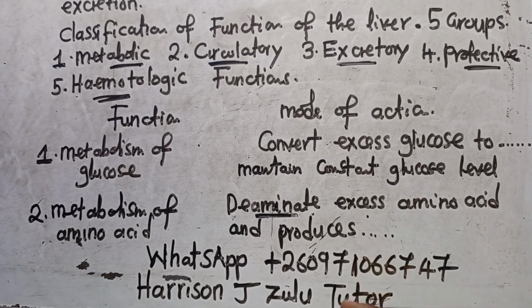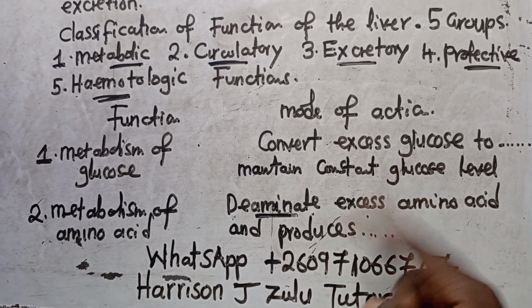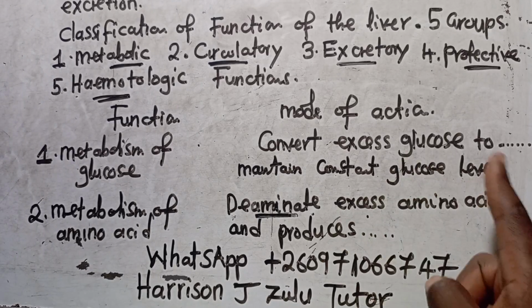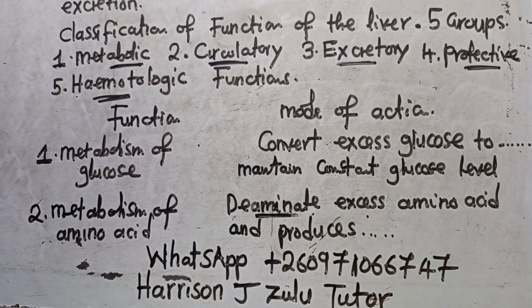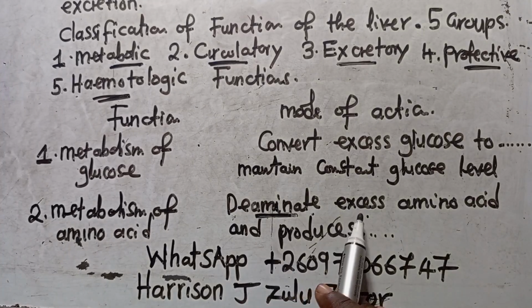So I'm waiting for these two answers. I want the answer for that one and an answer for this one. If you are not under my online lessons, you can comment in the comment section. I just see the number of people that know how to answer these two questions. Deaminate excess amino acids and produces what?